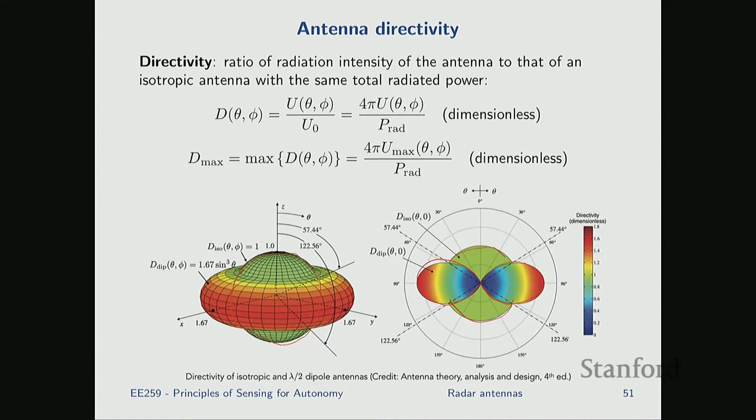And then the maximum directivity ends up being like 1.67 in the direction where your maximum power flow is for the dipole antenna. It's just a way of measuring how directive, as the term suggests, your radiation pattern of the antenna is.